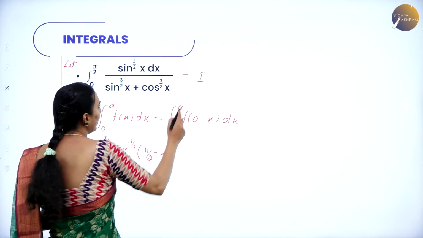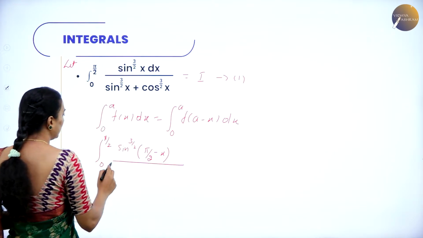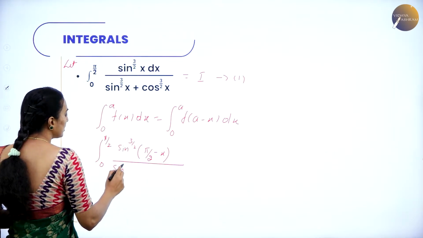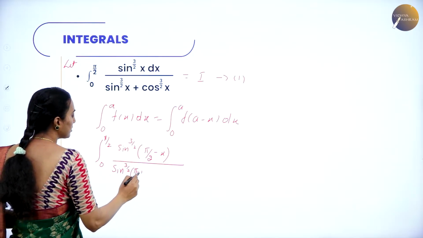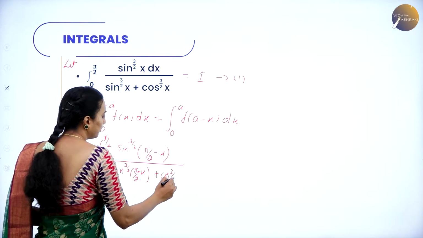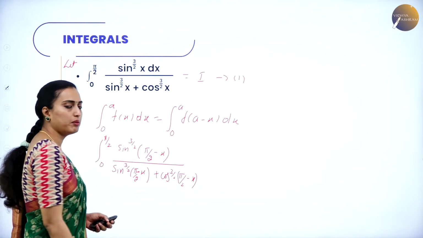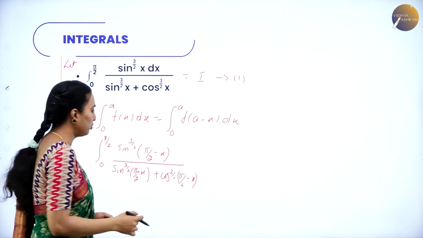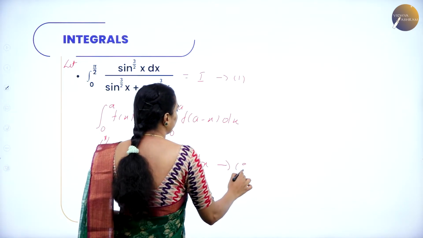I am calling this equation 1, and this changed one I am going to call equation 2: sine to the power of 3 by 2 (pi by 2 minus x) plus cos to the power of 3 by 2 (pi by 2 minus x), changing x as a minus x, a is nothing but pi by 2 here, into dx. Call this equation 2.